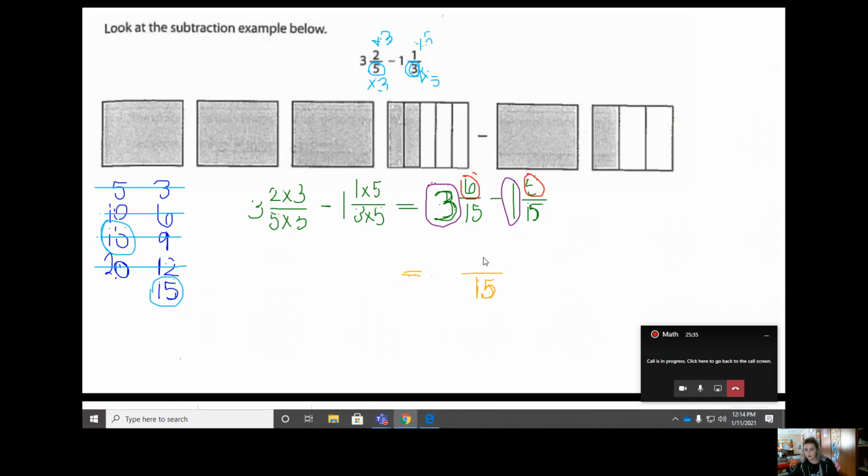It's 1. All right, and then 3 minus 1 is, very good, it's 2. And now let's double check this mixed number and make sure it doesn't have an improper fraction to it, which it doesn't because 1 is smaller than 15. And this is going to be our answer.